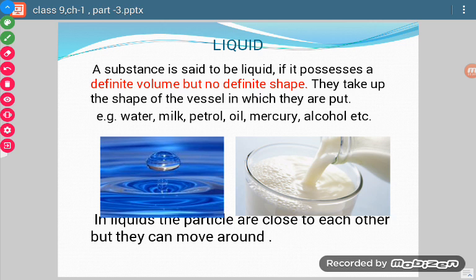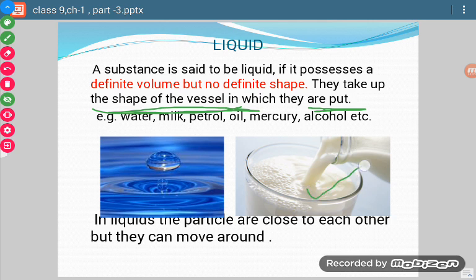Now we start with the second state, liquid state. A substance is said to be liquid if it possesses a definite volume but no definite shape. So volume is unchanged, volume remains the same, but shape may vary. Now whatever is the shape of the container becomes the shape of the liquid.